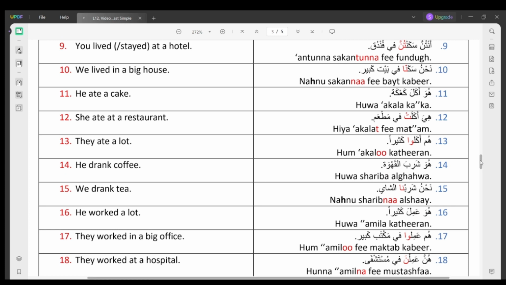Number 11, he ate a cake. هو أكل كعكة. Number 12, she ate at a restaurant. هي أكلت في مطعم. Number 13, they ate a lot. هم أكلوا كثيرا.